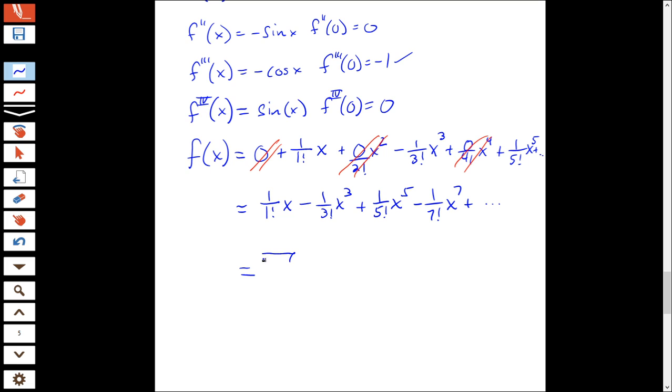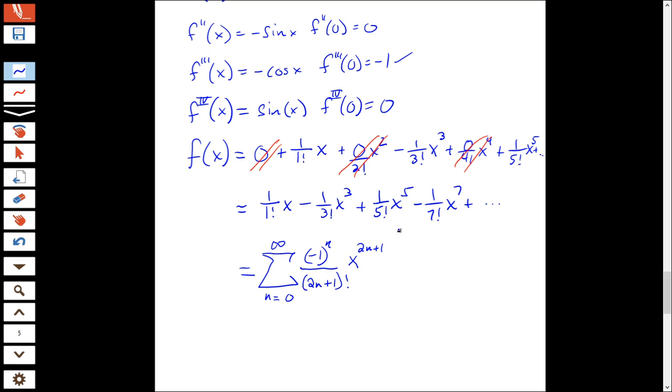This here is going to be the sum from n equals 0 to infinity. Looks like it's going to be negative 1 to the nth power all over 2n plus 1 factorial, because it's got to be odd numbers, 2n plus 1 factorial, x to the 2n plus 1 power.